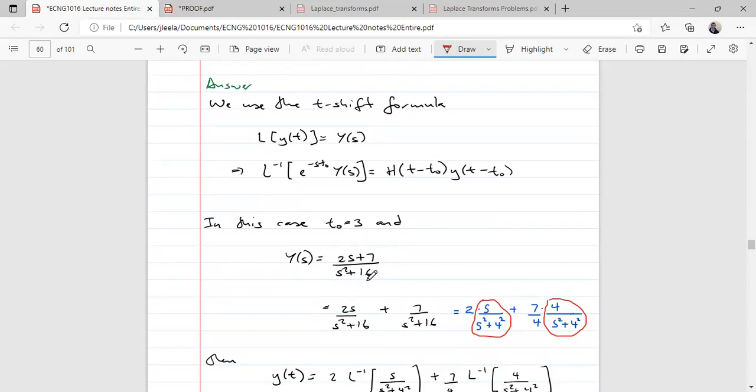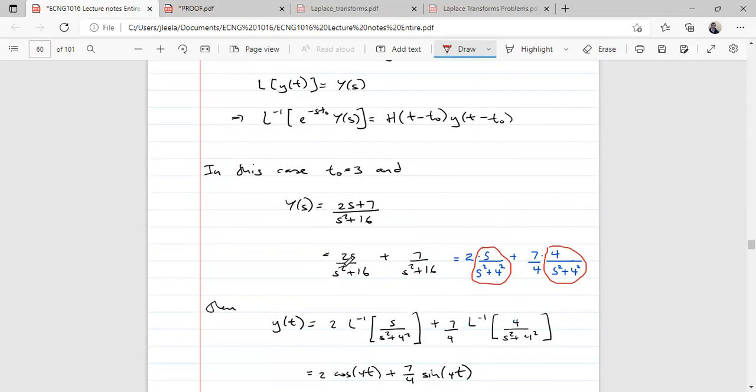So this part here, we could break it up as 2s over s squared plus 16 plus 7 over s squared plus 16. And we could further separate the 2 here. So this will be 2 times s over s squared plus 4 squared, right? Why are we doing that?